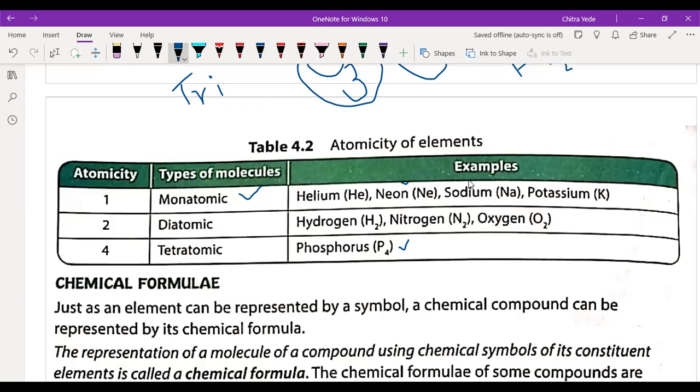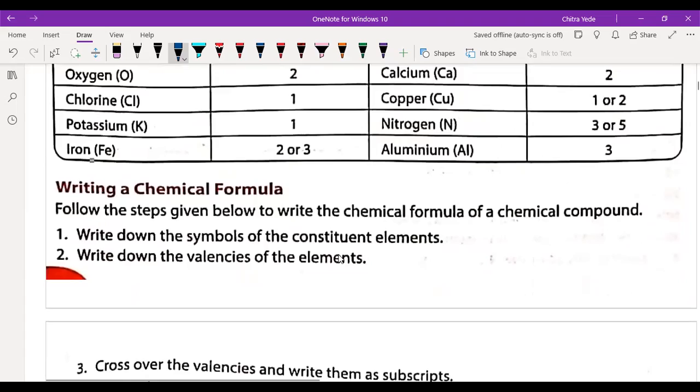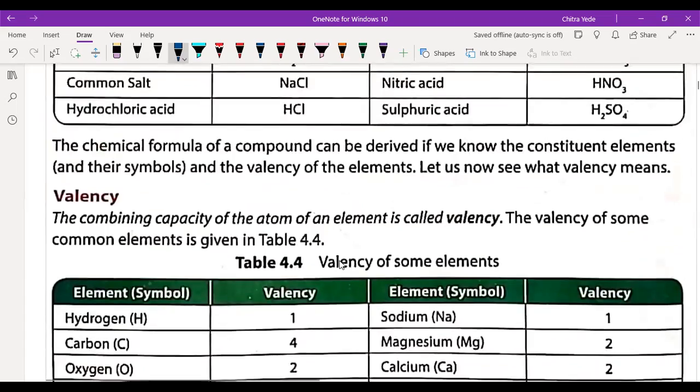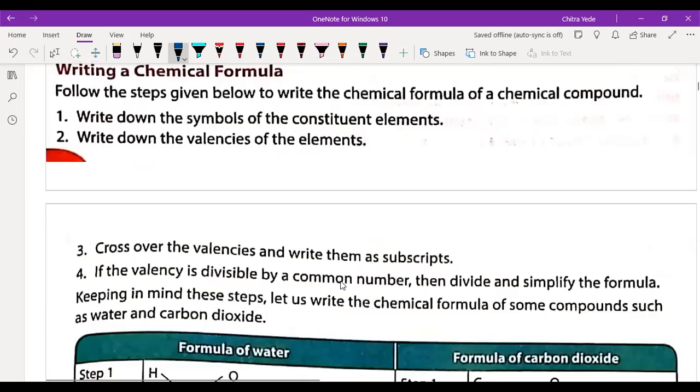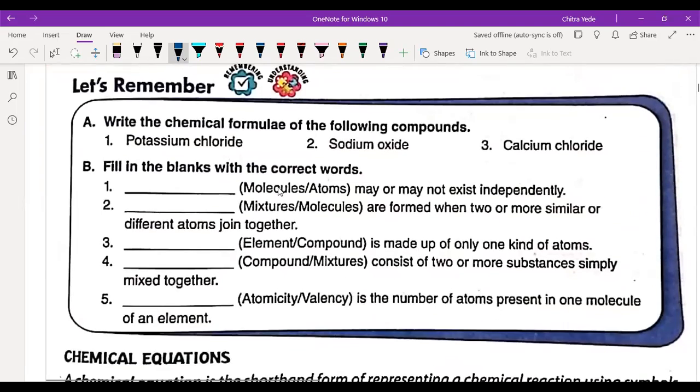Sir, can you give us questions now? Chemical formula we have to understand after that. Sir, but it's already 7:30. Yes, but for tomorrow's test we have to cover this part also, because this is going to be your test for tomorrow.